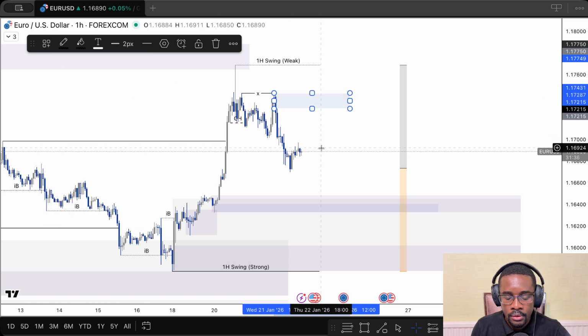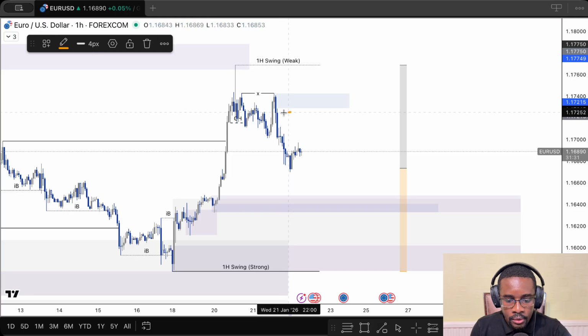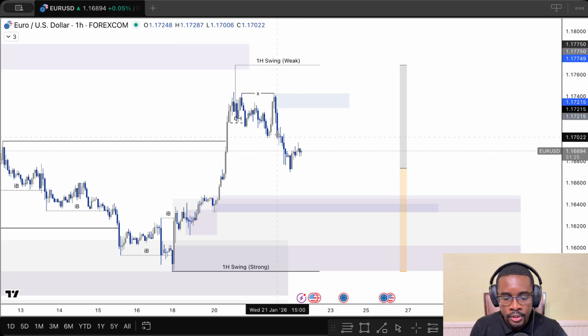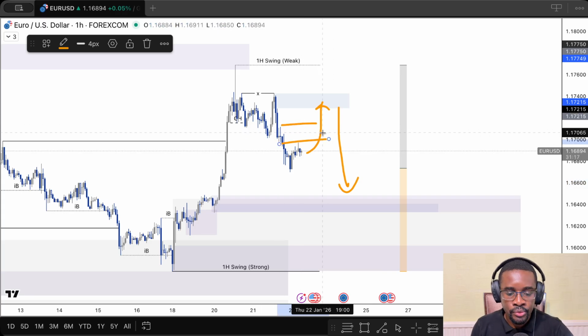We do have strong departure as well, 2 ERC candles, break of structure. So expectation would be either price mitigates and then continues down. However, because of the distance price has already moved, I would doubt that it will come back to mitigate.